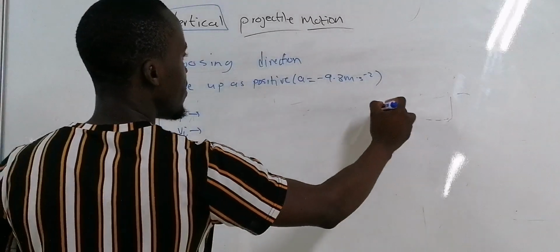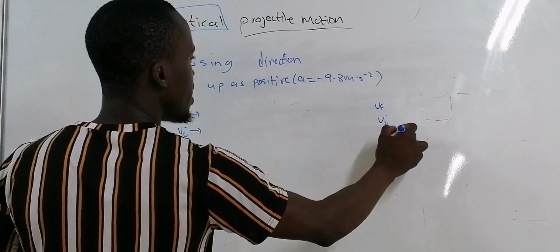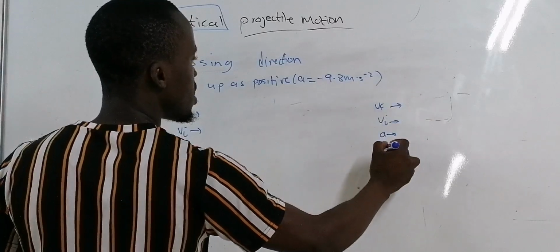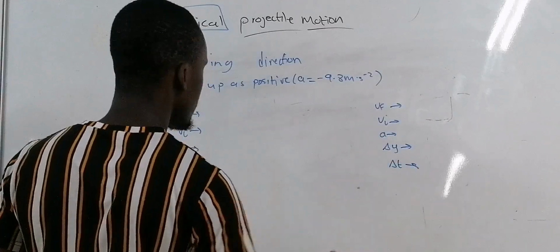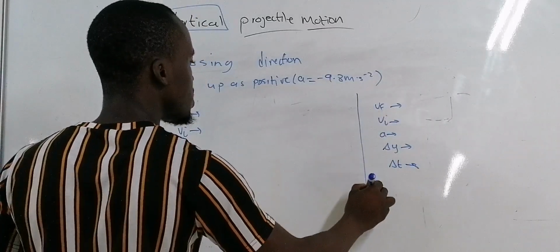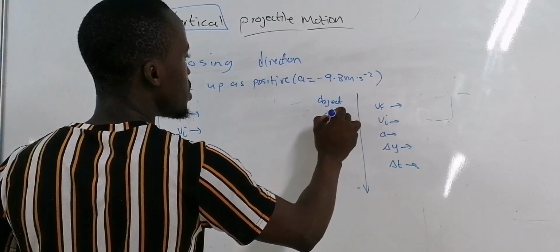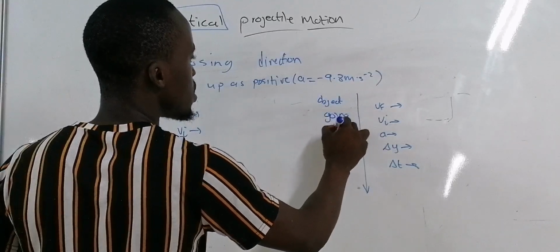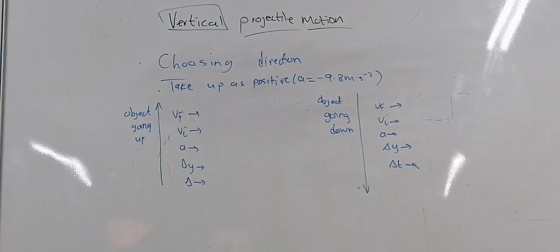Then again V final, V initial, A, change in Y, change in T. Here the object is going down. It's very important for you guys to understand what I am about to do there.